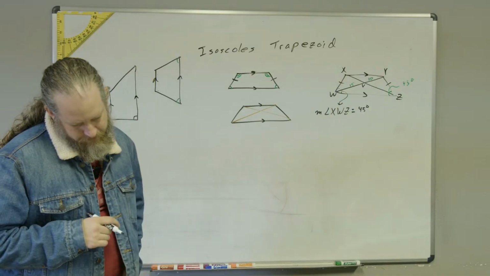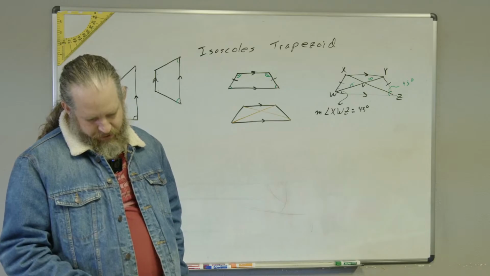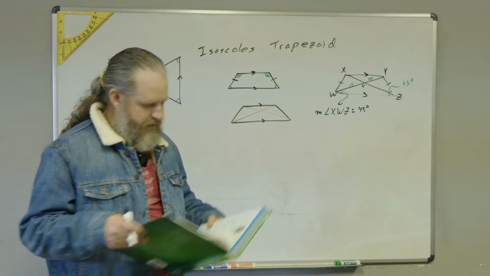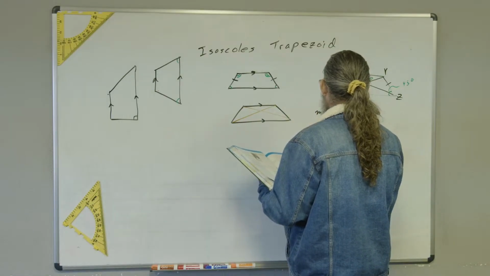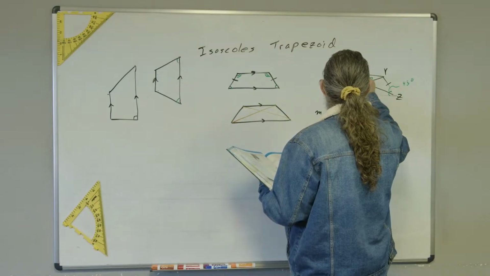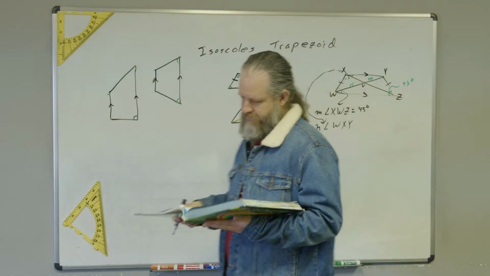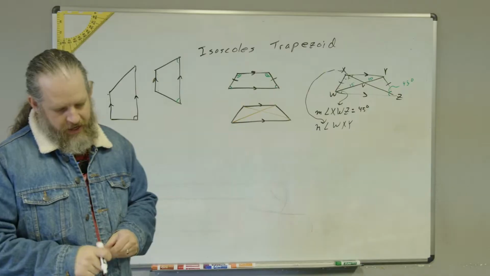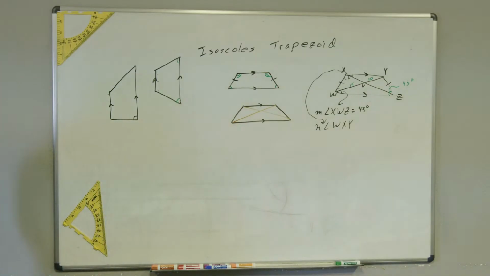Okay. Then we're supposed to look for angle WXY. So that's this one up here, that upper angle. This one is a little trickier, more difficult, because we don't know anything about that upper angle.